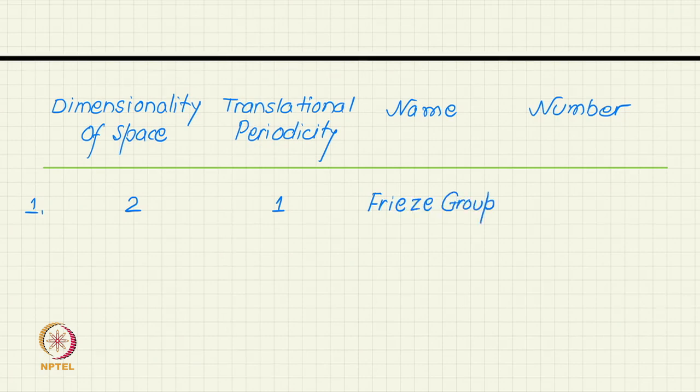So, Frieze groups are nothing but space groups of 2 dimensional patterns with 1 dimensional periodicity, and we have seen in some previous videos that there are 7 Frieze groups in total. So, we can say that there are 7 space groups of this type.